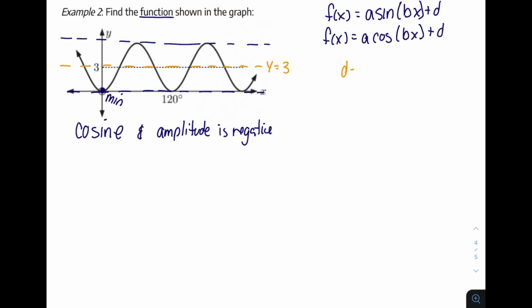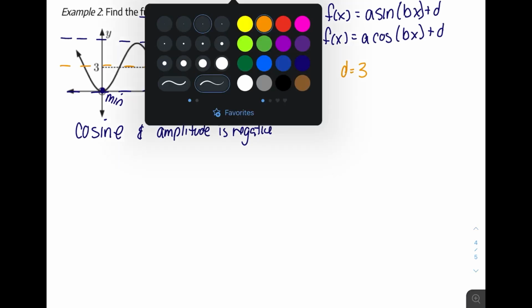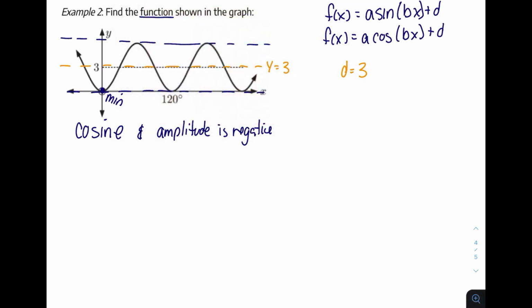Therefore, the value of d will be 3. Next, let's try and find the amplitude. The amplitude is the distance from the maximum to the principal axis or principal axis to the minimum. So if we have a distance of 3 from the minimum to the principal axis, that means that my amplitude is going to be 3 as well.